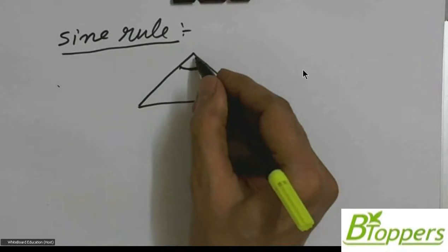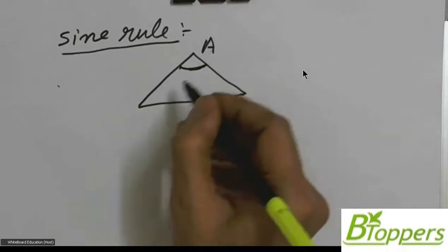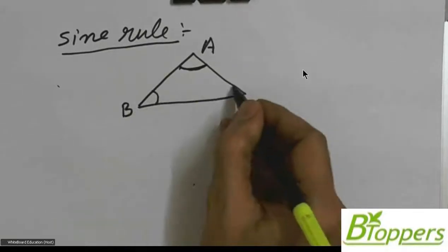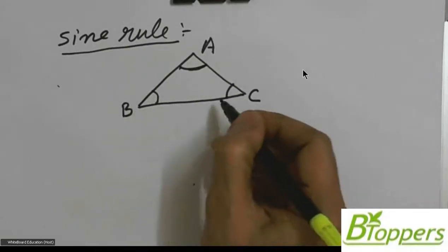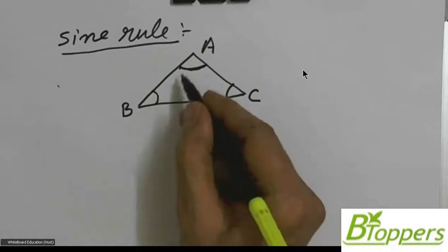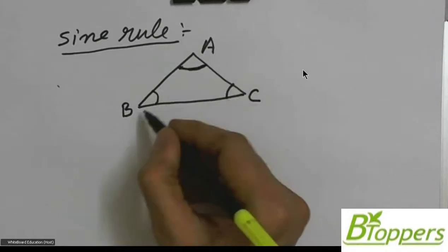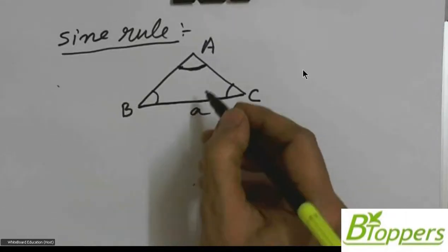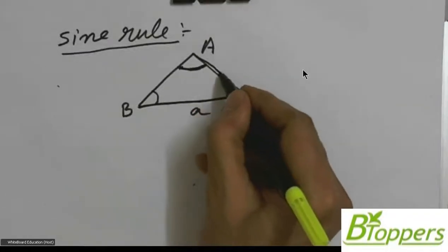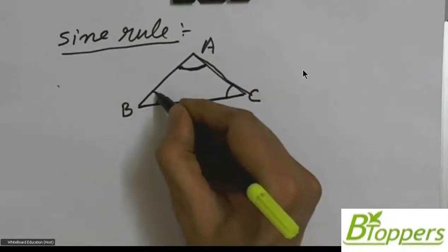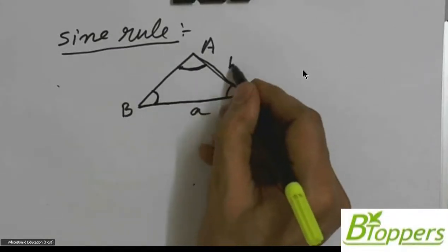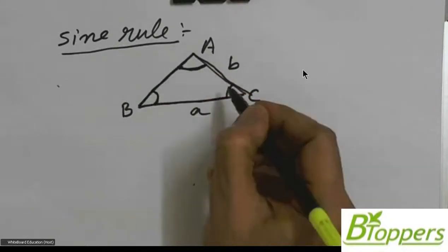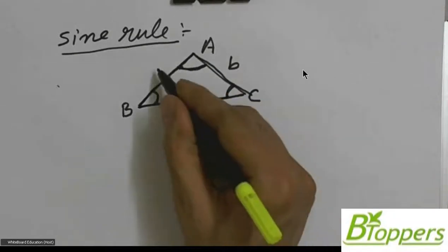Suppose this particular angle are denoted by capital A, this angle are denoted by capital B, this angle by capital C. The length of the side opposite to this angle, capital A, is denoted by small letter a. Length of this side, which is opposite to the angle, capital B, denoted by small b. The length of this side, which is opposite to this particular angle, denoted by small c.